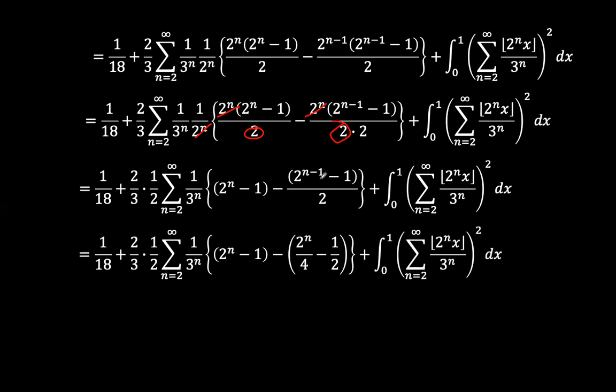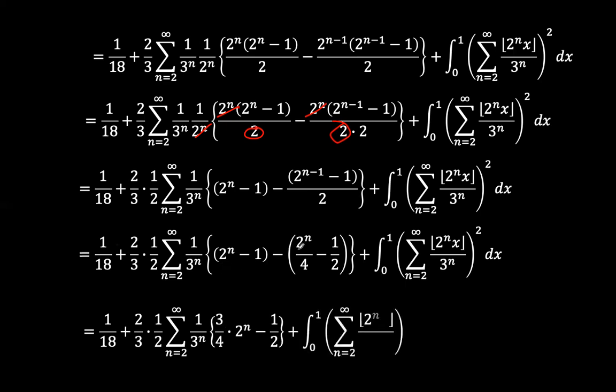By pulling 2 down, this is the same as 2 to the power n divided by 2, and that becomes 2 to the power n divided by 4, since we have another 2 divisor there, minus 1 over 2. So we can multiply the 1 over 3 to the power n across. And so we have 2 over 3 times a half, summation of 1 over 3 to the power n.